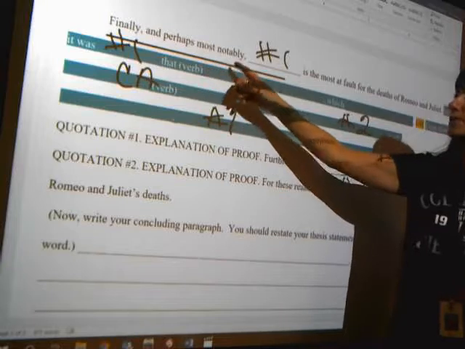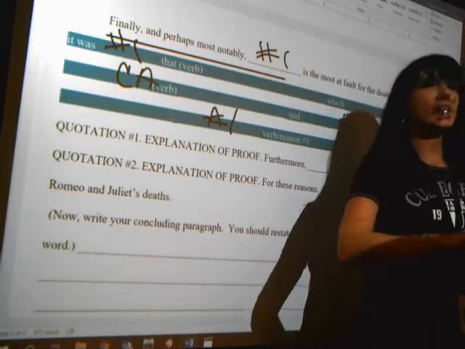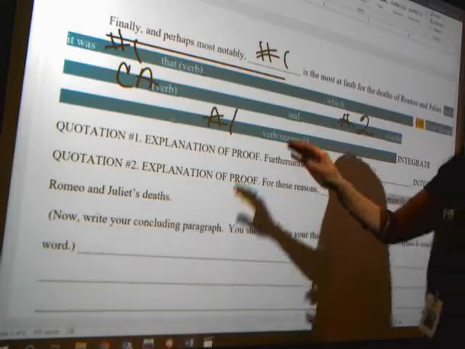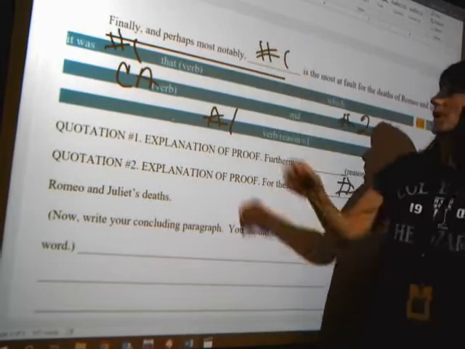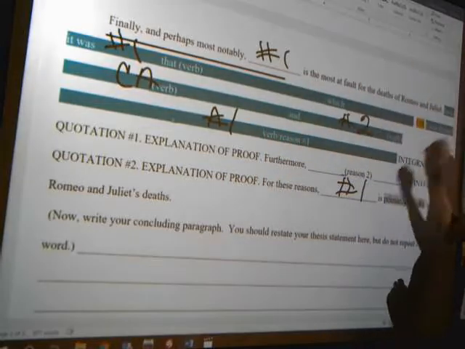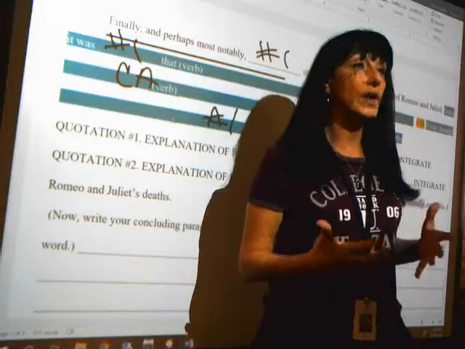Finally, and perhaps most notably, who did you rank as number 1? Look at section 4 of your outline. Very good, okay? Perhaps most notably, whoever, number 1, is the most at fault for the deaths of Romeo and Juliet. Romeo and Juliet's deaths. However you want to do it, okay?